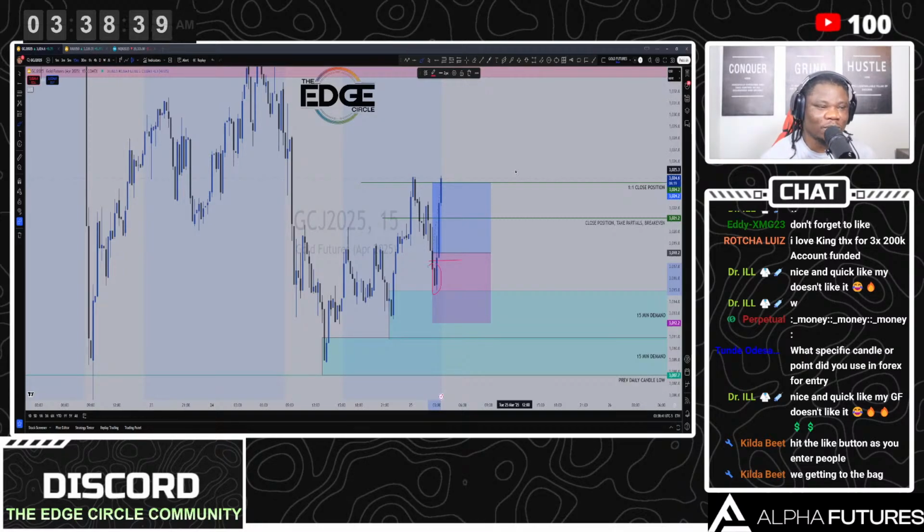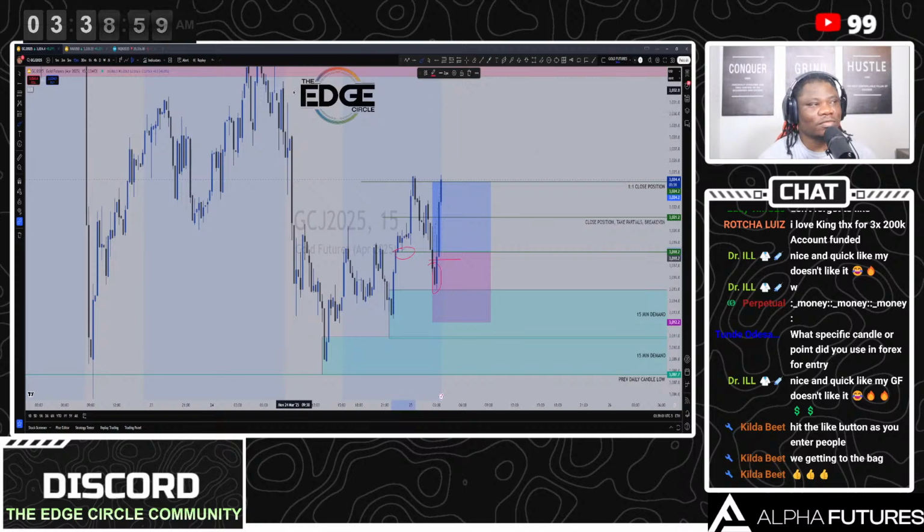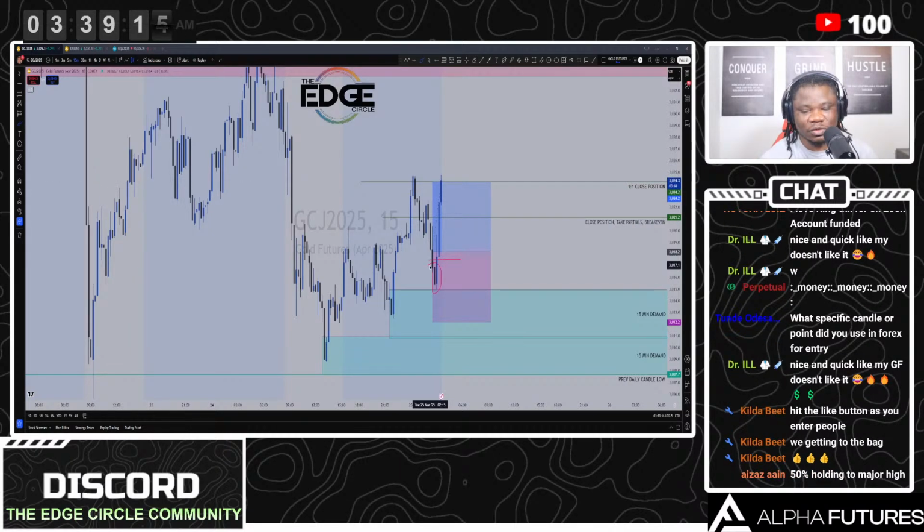Don't ask me why I do it, it's just something that I like to do, and I've stuck with it. Not too crazy, just a small breathing room, and I used this minor support from here as my entry. But even if you had your entry right above this previous candle, that's fine too. There's nothing wrong with that. I just like to give my entry some breathing room.